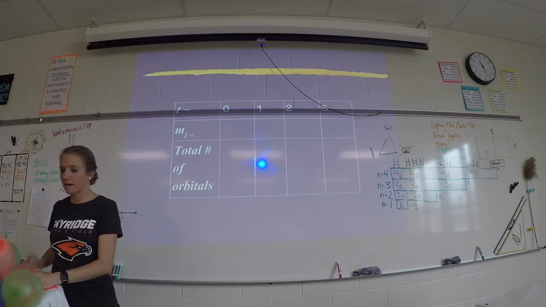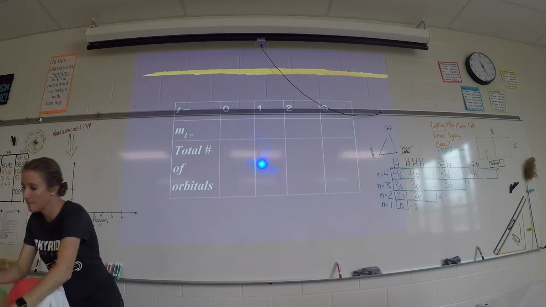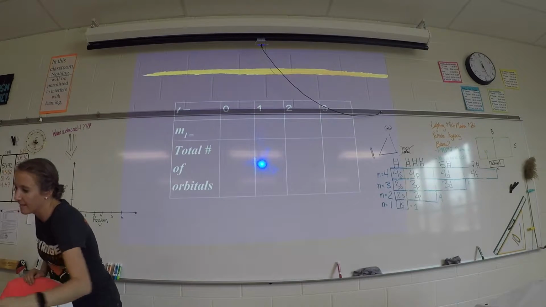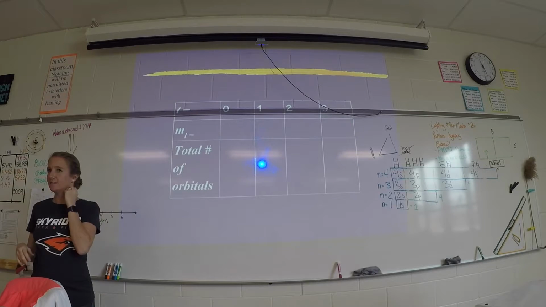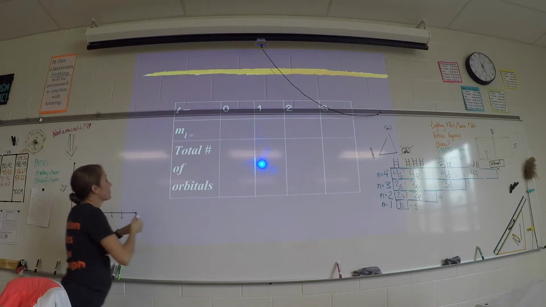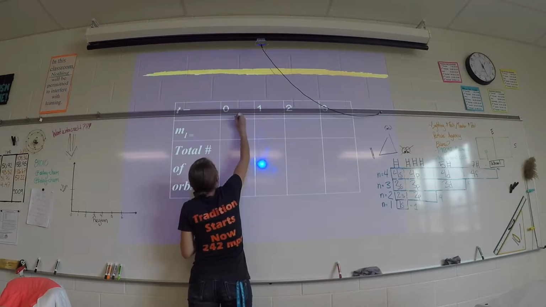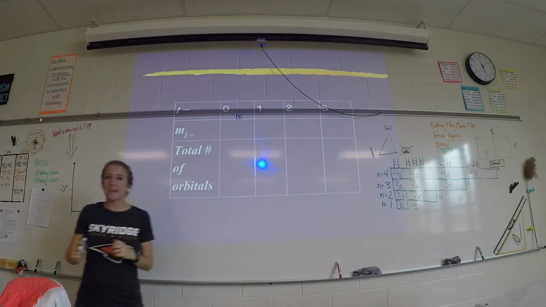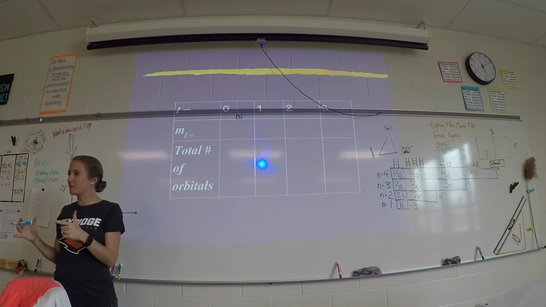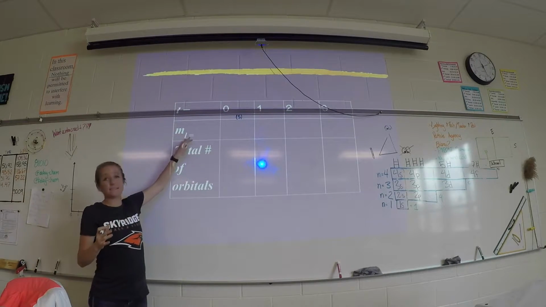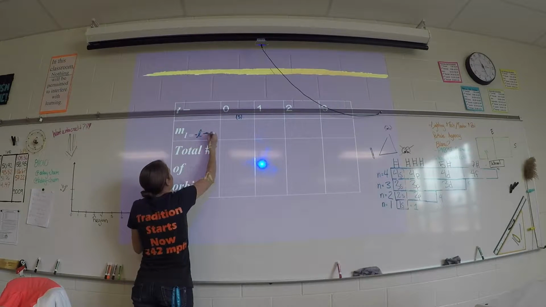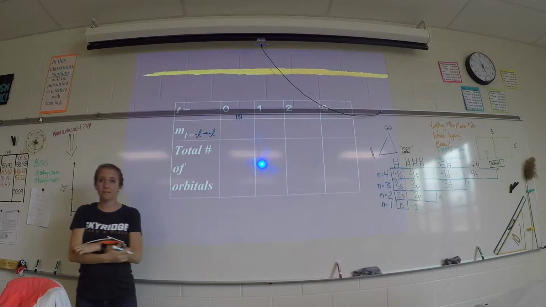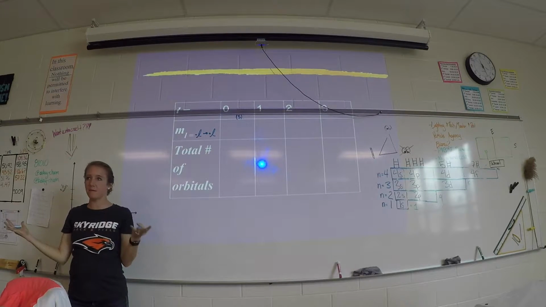Okay, so have we filled this chart out yet? No? Okay. So when L equals 0, what type of room am I in? An S room. Good, Brock. So remember that when L equals 0, I'm in an S room. The mathematical equation for the range of M sub L is negative L to positive L. That's the range that they can be.